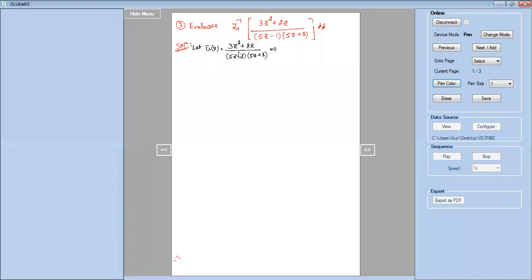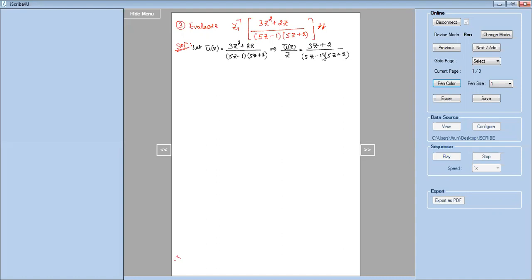In the earlier two problems there was only z in the numerator, but here you have 3z² + 2z. So you take one z from this and send it to the LHS. I can write this as U bar of z divided by z equals (3z + 2) divided by (5z - 1)(5z + 2). Taking one z outside and sending it to the left hand side, we get this.